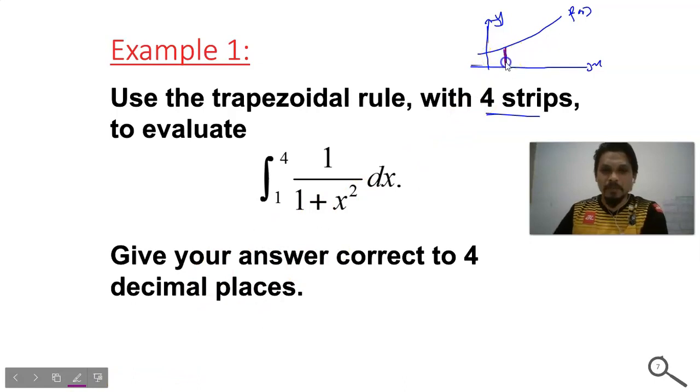One strip is one ordinate and another ordinate, y0 and y1.